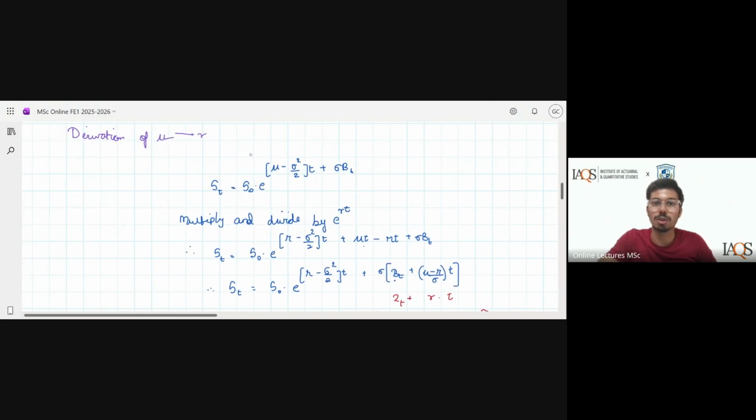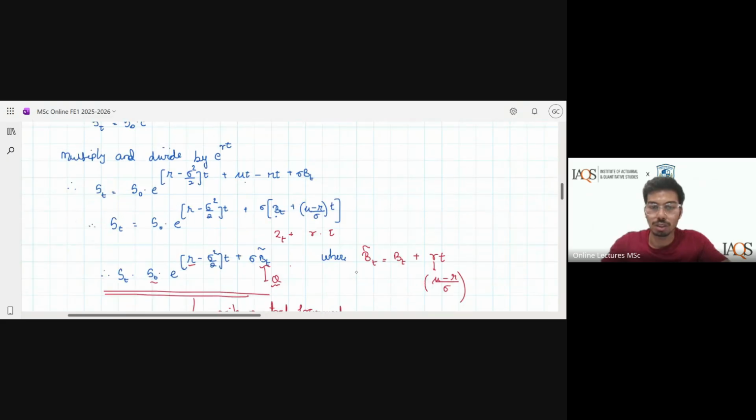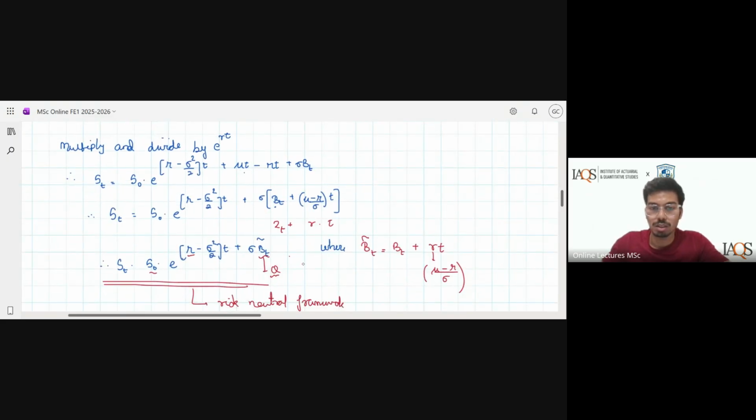Copy this derivation down. Let me know if you have any questions. Let me write over here using CMG theorem.